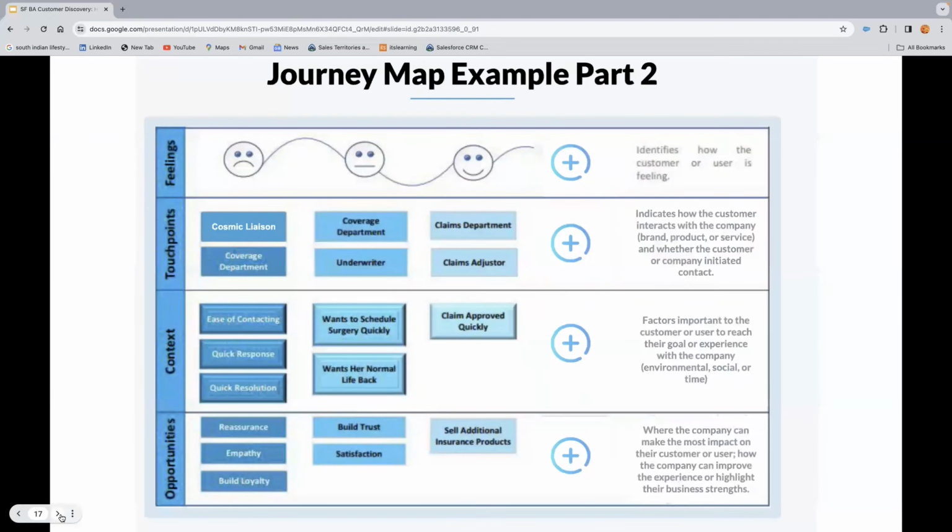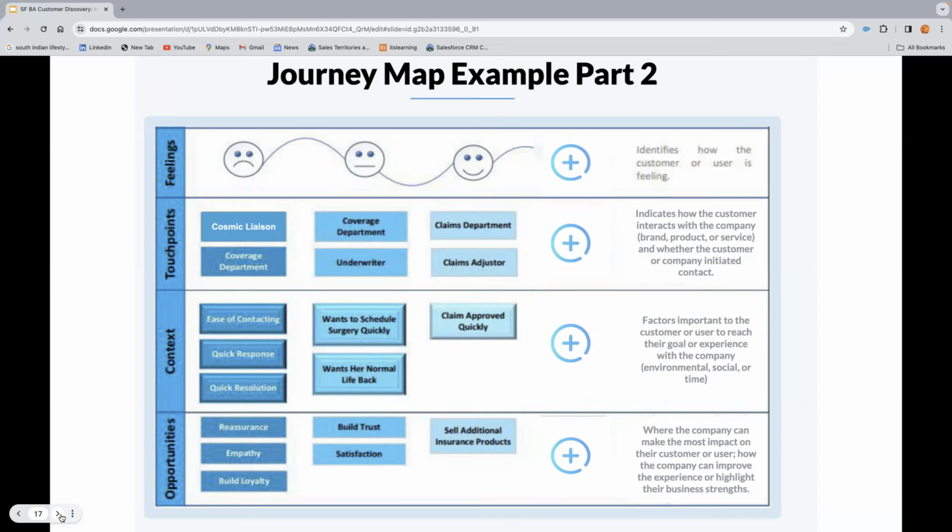In journey map example 2, we can segregate opportunity, context, touch points, and feelings. Then identify the customer's feelings, how the user is using the coverage department, underwriters, and claims department and claims adjuster.